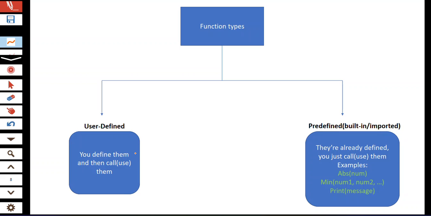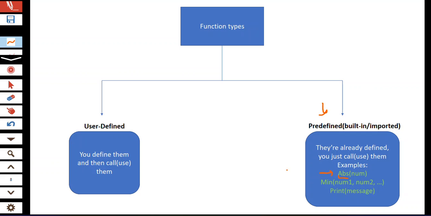On the other hand, we have some predefined or built-in or imported functions. These functions have been defined already by some other programmer, all right? And all you need to do is just call or use them, or tap into them. Some examples in Python include the absolute function. You don't need to define that function. You just call it by specifying its name and then passing some input to that function.